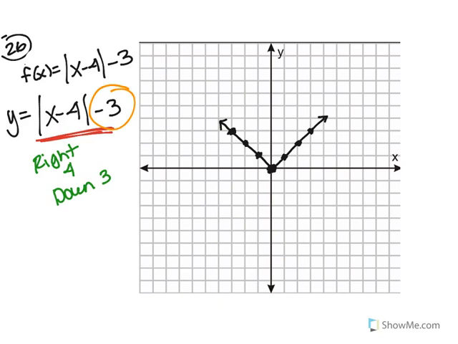So I'm going to take each point to the right 4 and then go down 3. So from the origin, I'm going to go 1, 2, 3, 4, and then down 1, 2, 3. So that middle point has moved to that location at 4, -3.